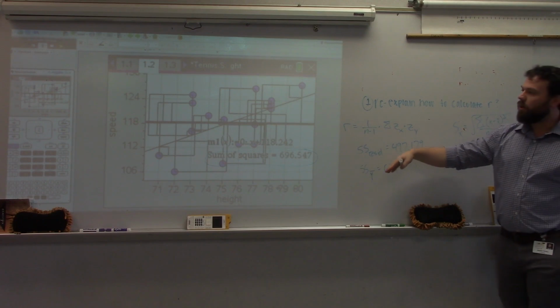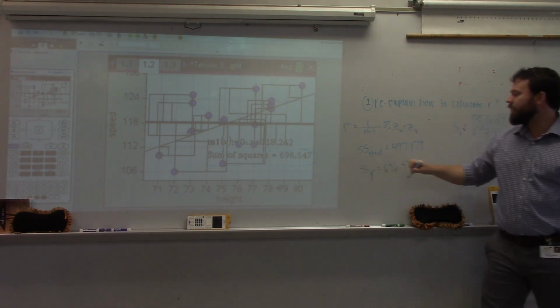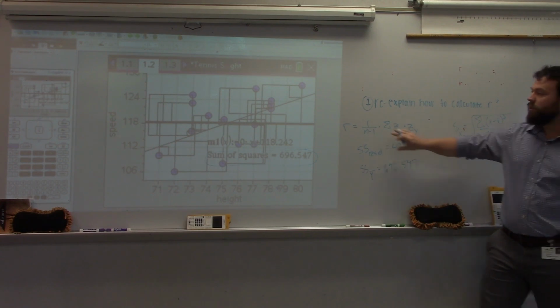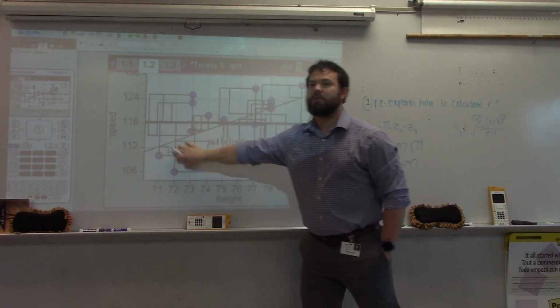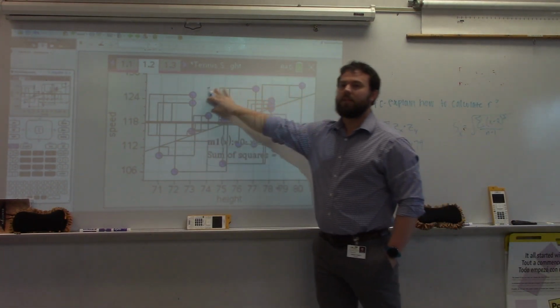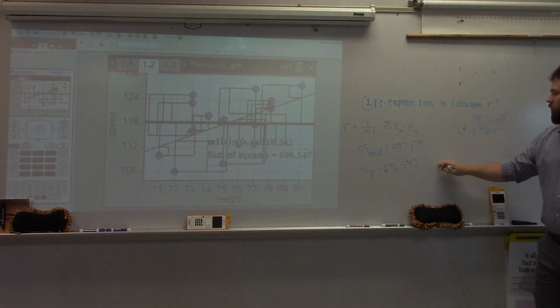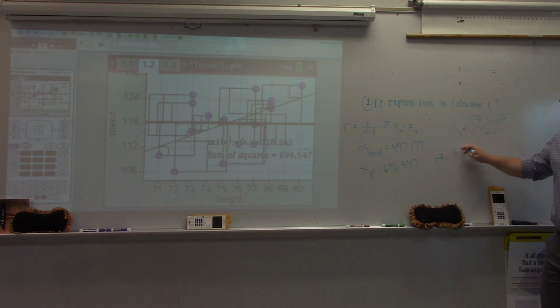And so what an r squared is calculating is a percent reduction of the sum of squares. So this is the maximum sum of squares based on the average of y. And when we do r squared, we're going to do the difference of those two, divided by the original.